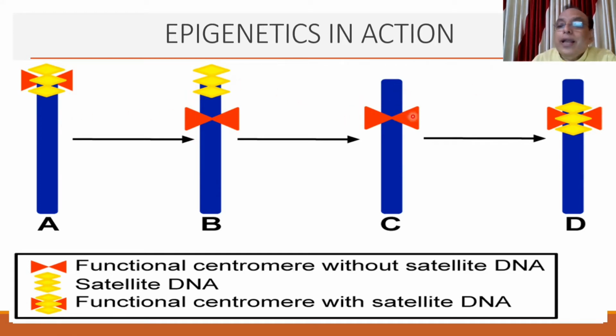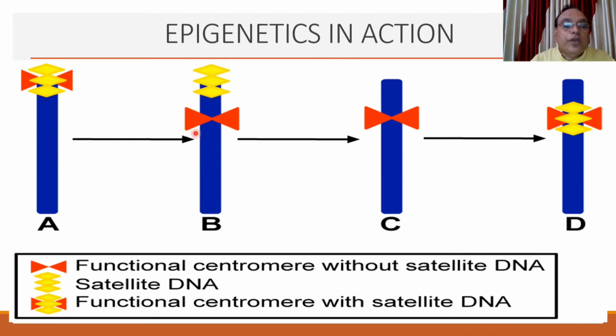So you see that the stretch of DNA was similar here, but due to the shifting of the centromeric protein A, the centromeric characteristic changed. So this change in the characteristics of centromere, despite the sequence of nucleotides remaining the same, due to the attachment of a particular protein, is called epigenetic specification of the centromere.